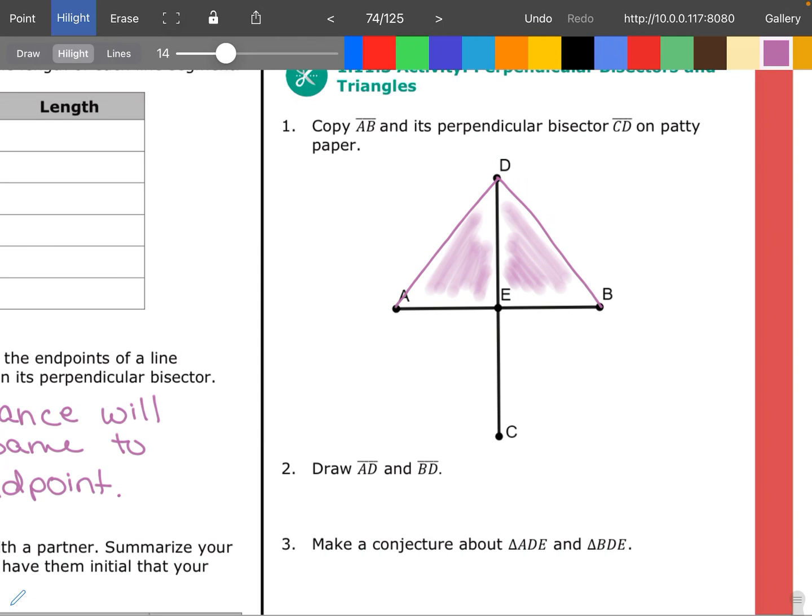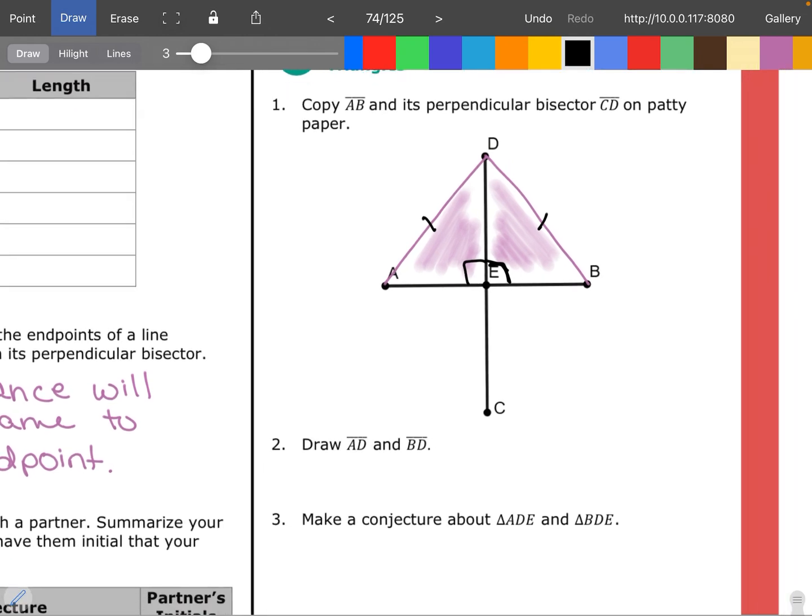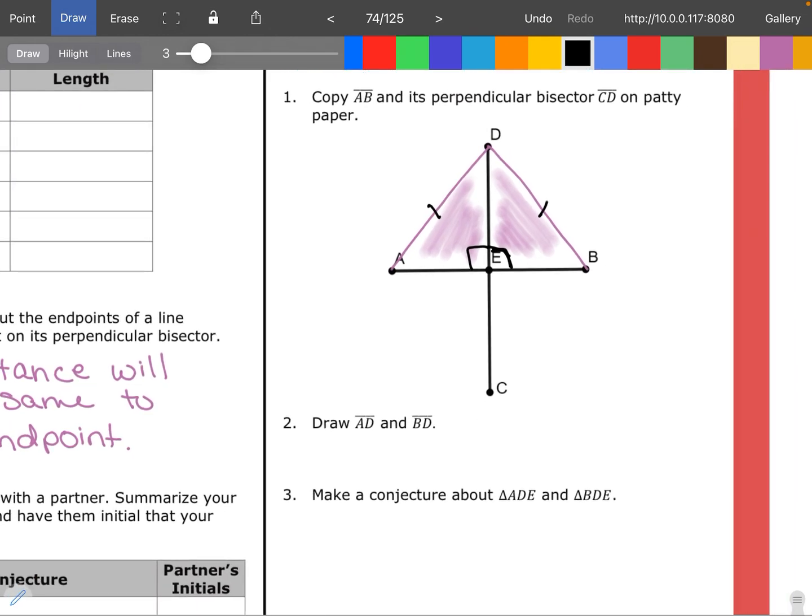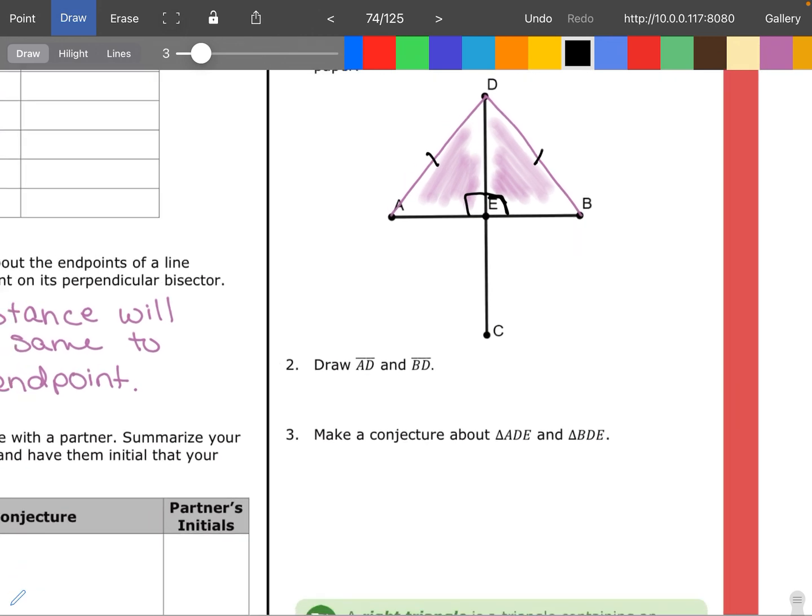Well, what you just drew, you learned on the previous question that any point along that perpendicular bisector is the same distance to each endpoint. You also learned that a perpendicular bisector creates 90-degree angles. So what can you tell me about those two triangles, triangle ADE and triangle BDE?